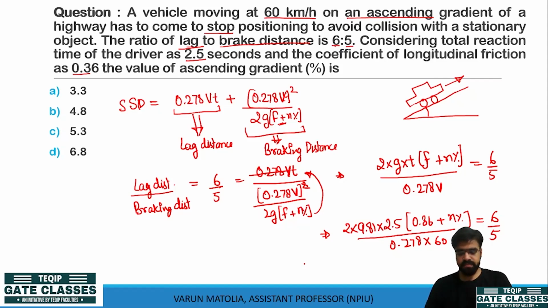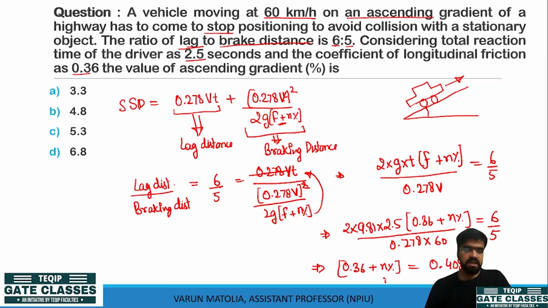Let us simplify this. This is coming out to be 0.36 plus n% is equal to 0.408.